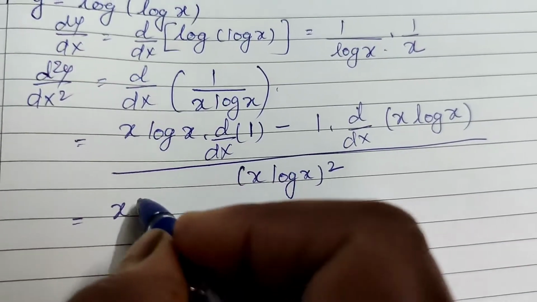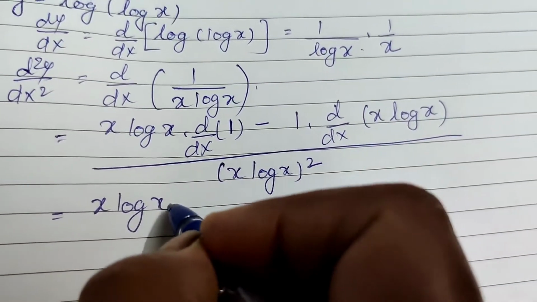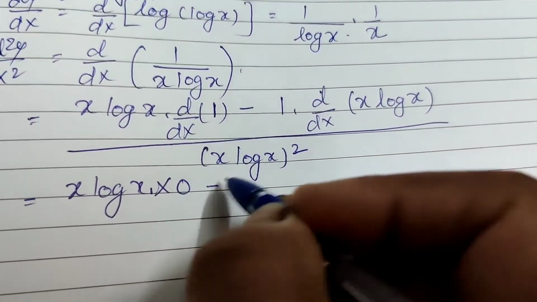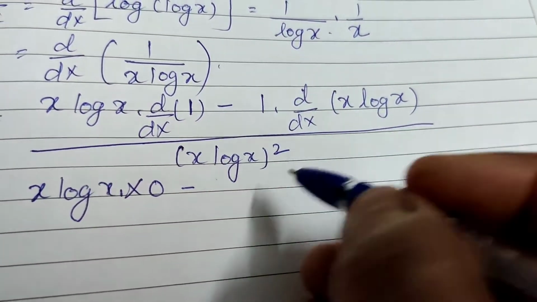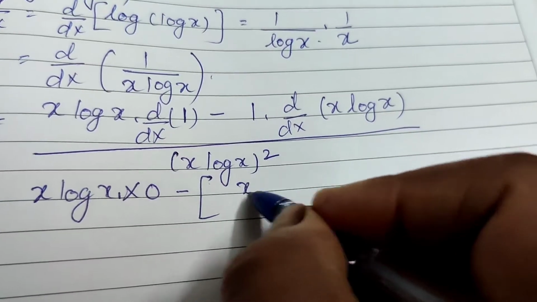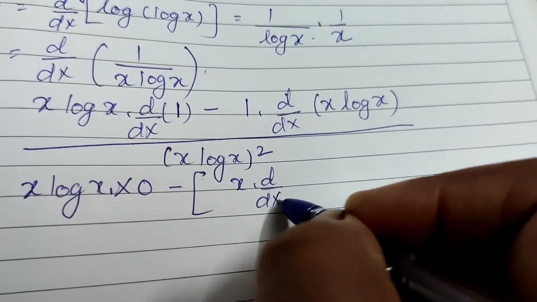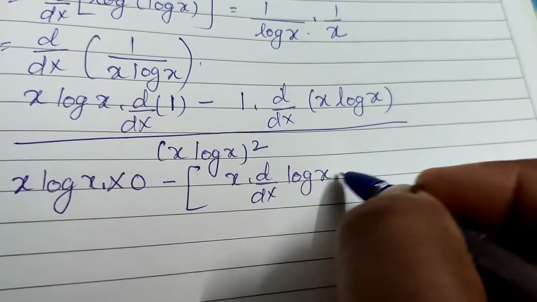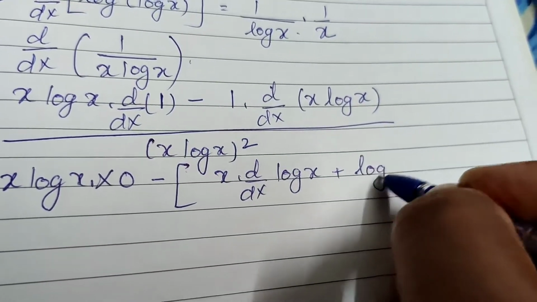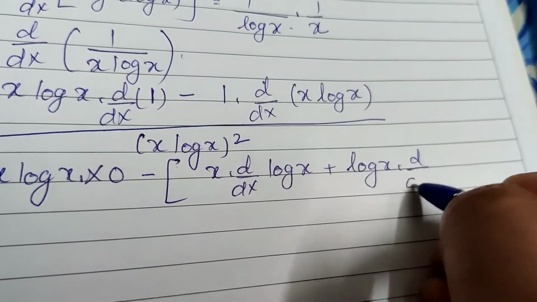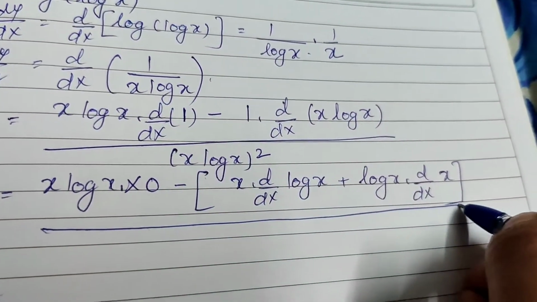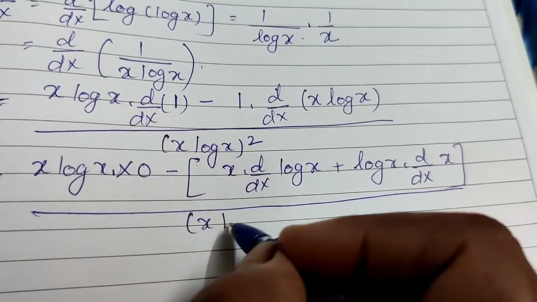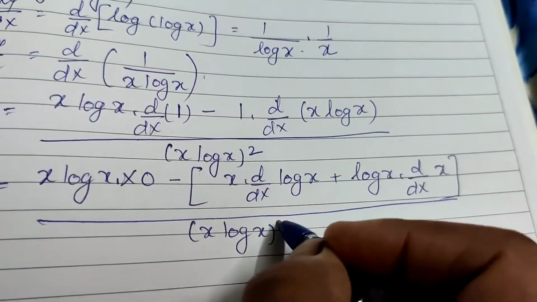Now x log x, and differentiation of 1 is 0, minus 1 into the differentiation of x log x. By the product rule, the first term times differentiation of second term plus second term times differentiation of x, divided by x log x whole square.